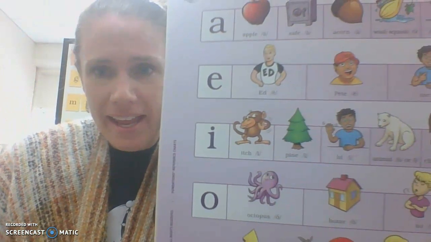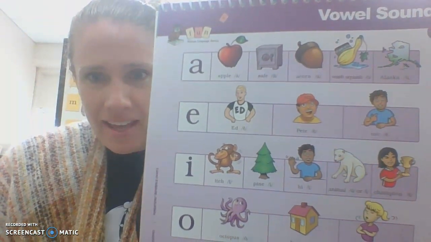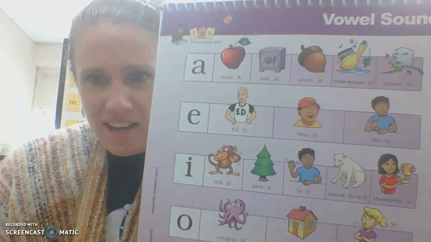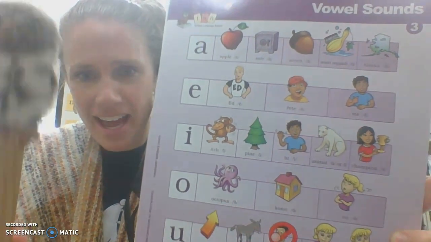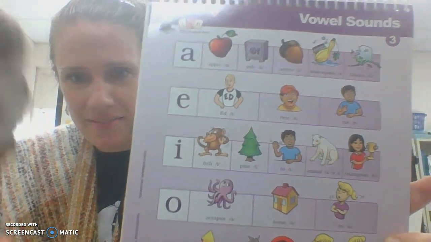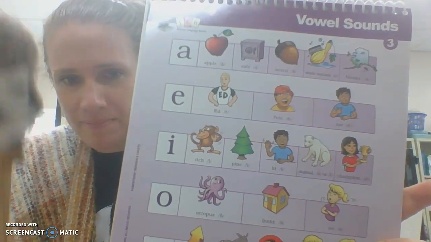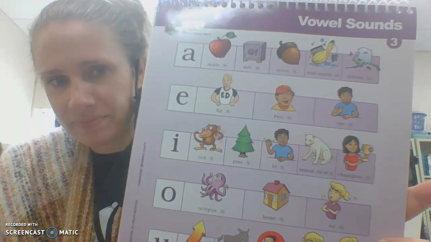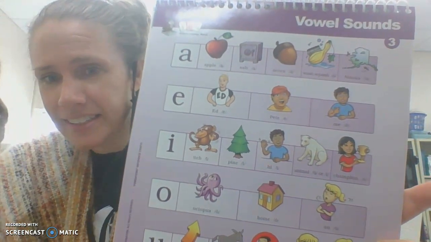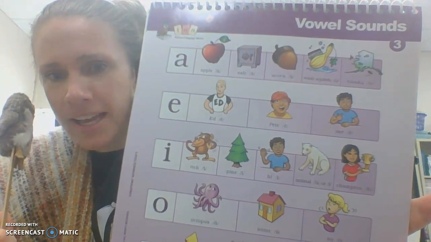Here we go. A apple, A safe, A acorn, A wash, A squash, A Alaska. E ed, E Pete, E me. I itch, I pine, I high, I animal.